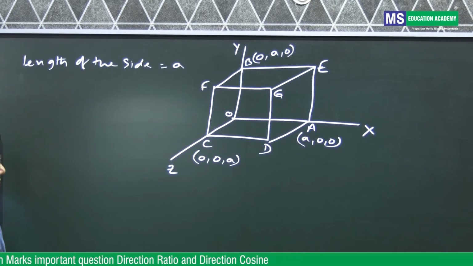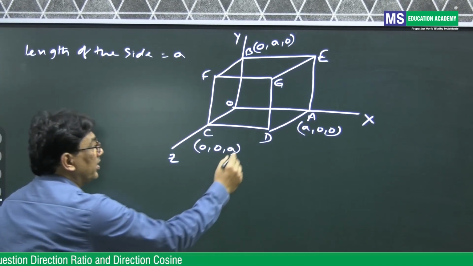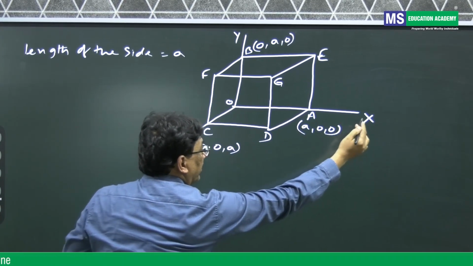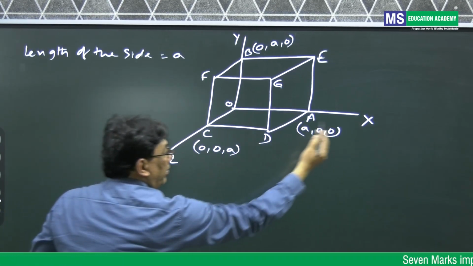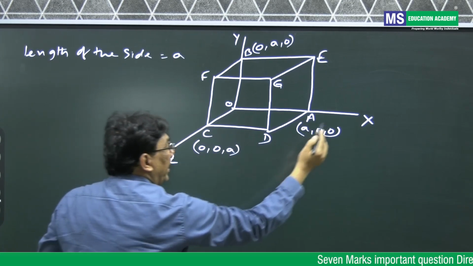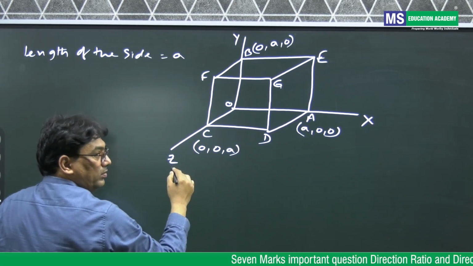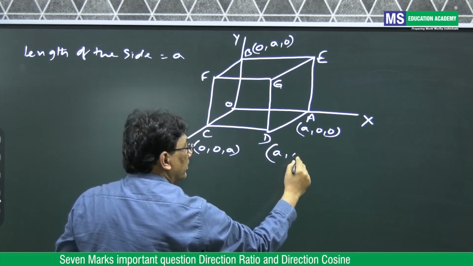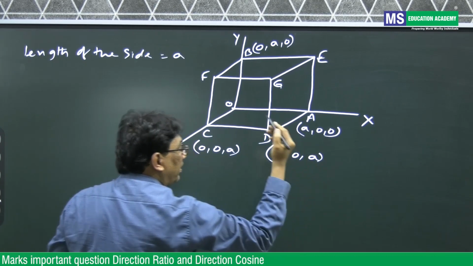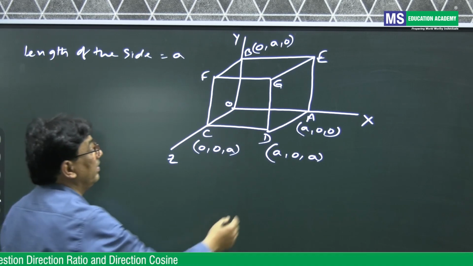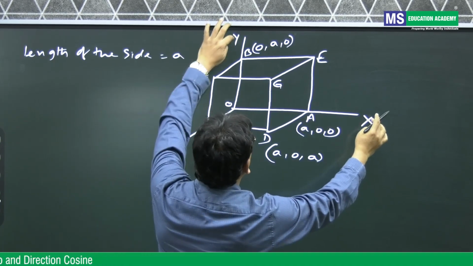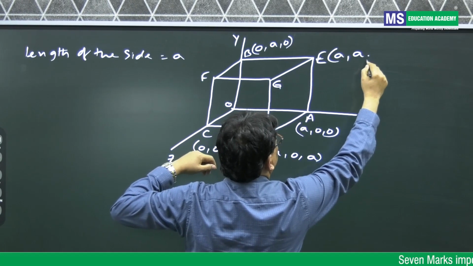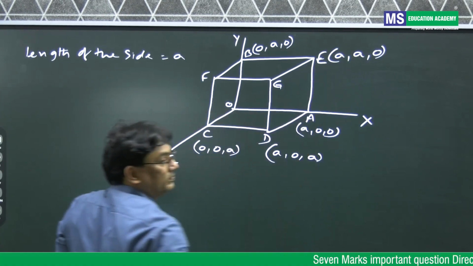Next, if you observe, the point D lies in between x and z. That's why the x coordinate and z coordinate we get, and the remaining y becomes 0. That's why a comma 0 comma a. In the same way, E is in between x and y, so the x coordinate is a, y coordinate is a, z coordinate 0.